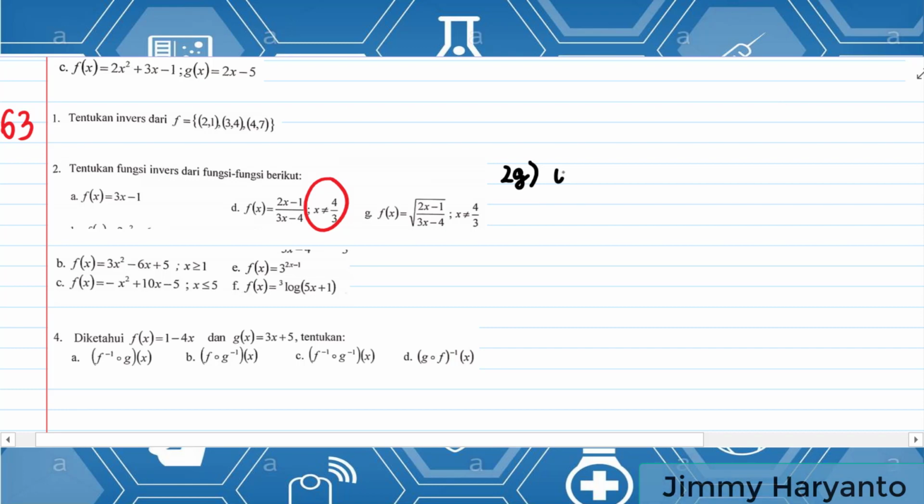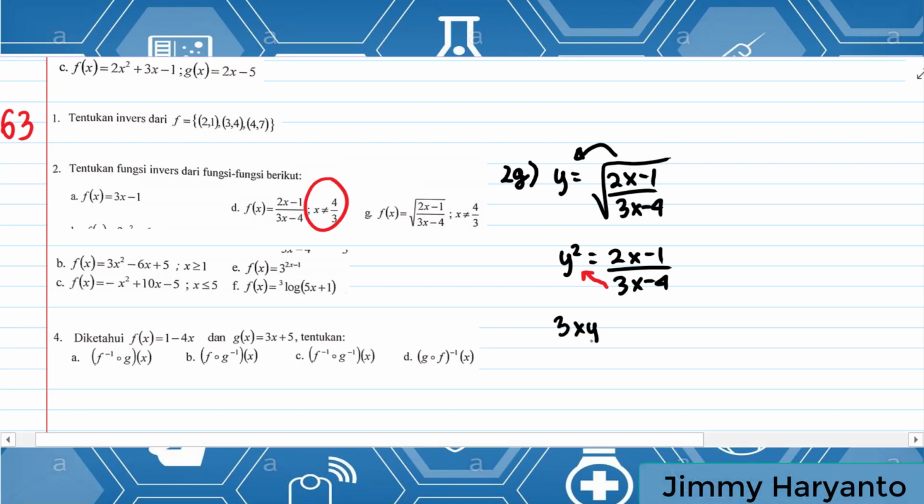For 2g we have y equals square root of 2x minus 1 over 3x minus 4. We can move this square root to the left side, it becomes square. 2x minus 1 over 3x minus 4, and then cross multiply. It will become 3xy square minus 4y square equals 2x minus 1.